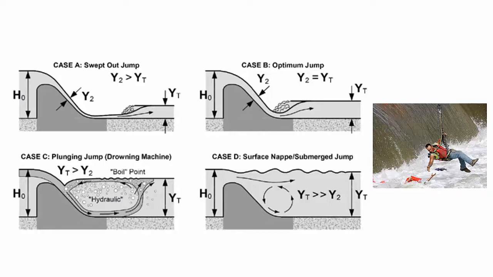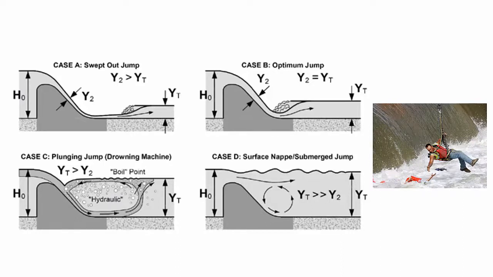The submerged hydraulic jump creates an area of recirculation that can trap and drown a swimmer or kayaker, and they will only be able to escape if they can manage to pass the boil point. This condition is also called a drowning machine, a dangerous zone created by a low head dam.